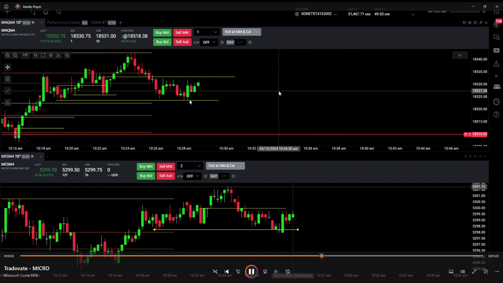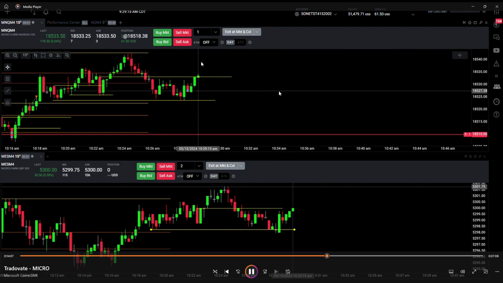That's creating divergence here. So essentially the last push down that created divergence. So here's this last push down. Now we just want to see it respect that and head up for new highs and respect discount arrays.